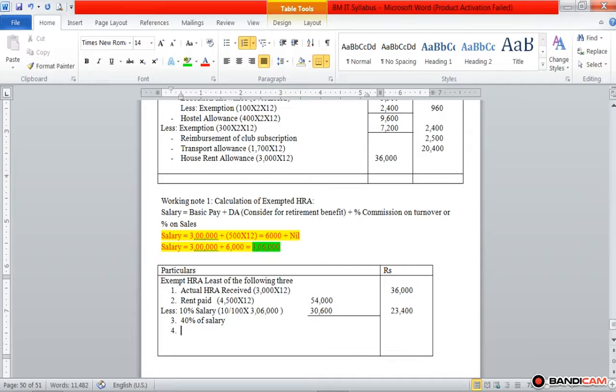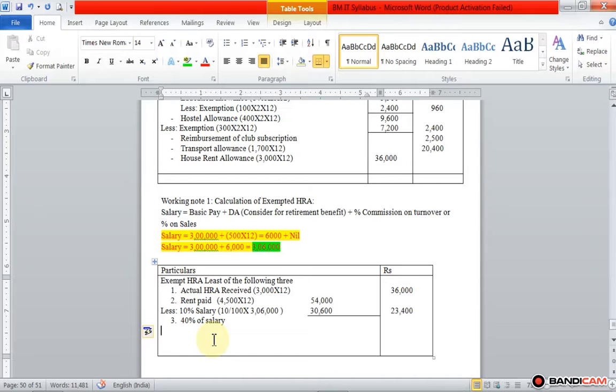Why do we consider 40%? Because Mrs. Jamdade worked in Pune city. So if the employee works in Pune, Hyderabad, Satara, Kolhapur, Sangli, we compute HRA at 40% of salary.